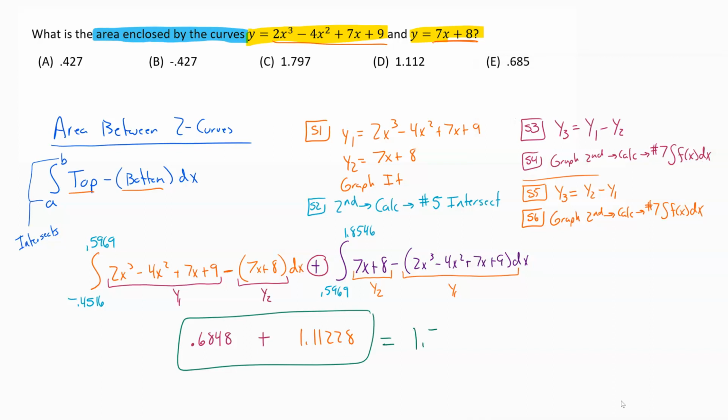On the AP test, they always do everything to 3 decimals, so that's my final answer, and I can see that my final answer option would have been right here. The key to this was knowing the integral setup for the area between two curves. Then we use our calculator to find our bounds, to find out which equation's on top and which is on bottom, and to give us the answers for our integrals.